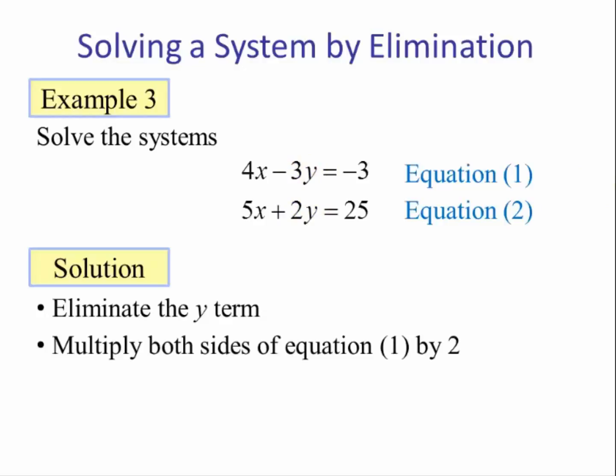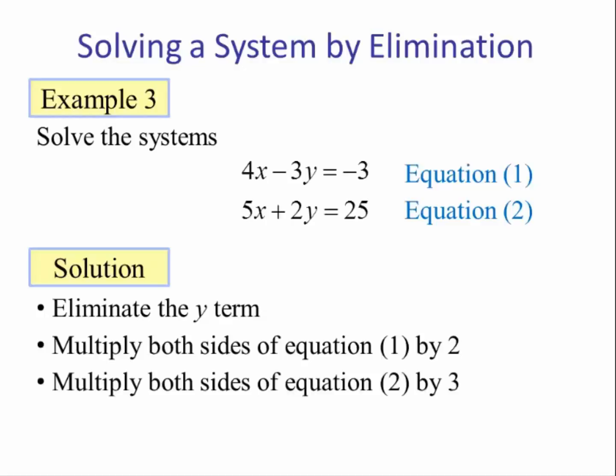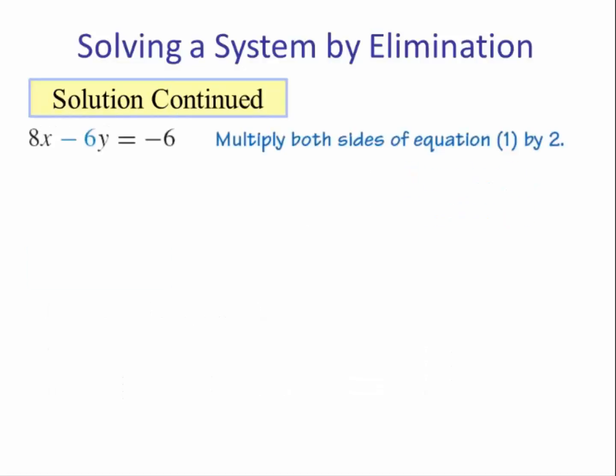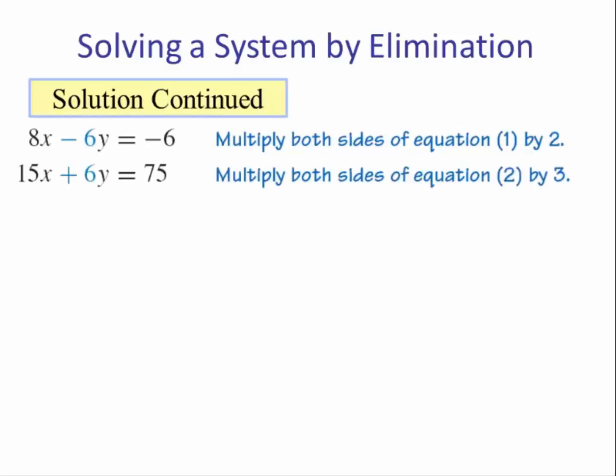So we need to multiply the first equation by 2 to make it a negative 6y, and then we need to multiply equation 2 by a positive 3 to make the y term 6y. So the first equation will become 8x minus 6y equals negative 6. The second equation will become 15x plus 6y equals 75.